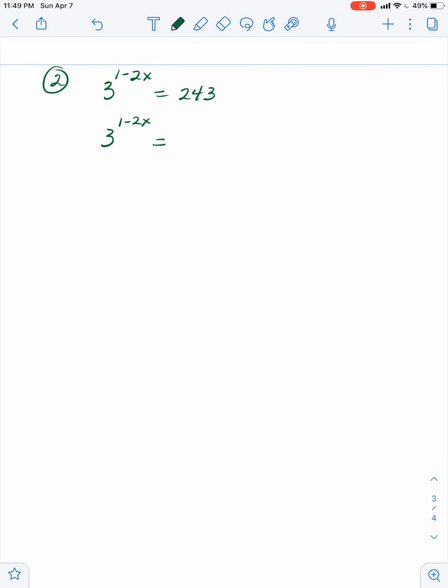Now, if we can't make the bases the same, that's a whole other ballpark, a whole other lesson. So on today's lesson, you should be able to make all the bases the same. So 243 is 3 to the what power? That's what you ask yourself. 3 times 3 is 9, times 3 is 27, times 3 is 81, times 3 is 243. So that is 5.